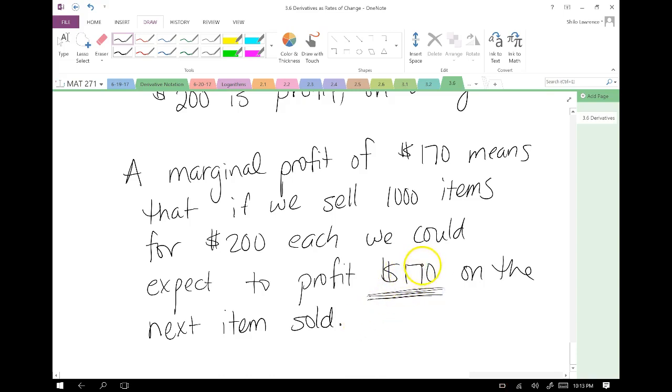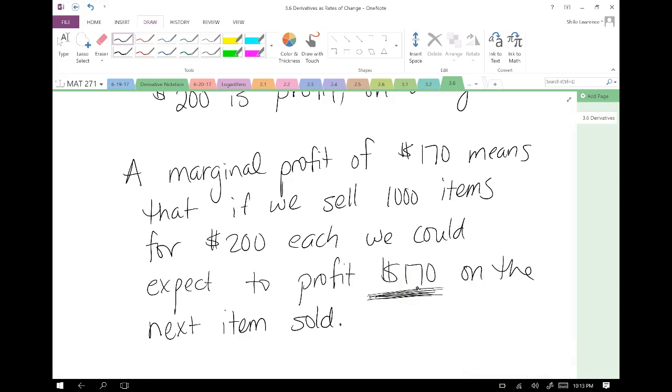So you want to know if $170 of profit is worth increasing production or not. So it's a good thing to know, if you produced one more, how much are you going to make off it? So that number might be really small. So you're going to say, nope, it's not worth it. This is our optimal level right now. We're going to stay where we're at.